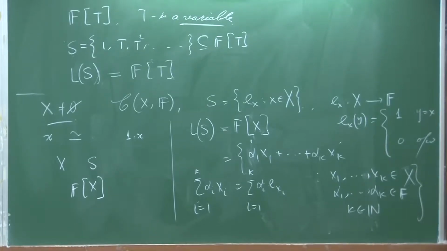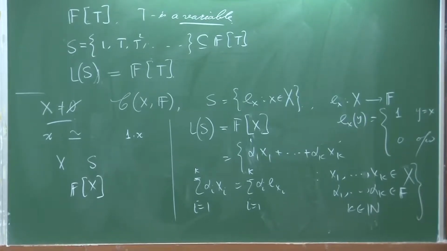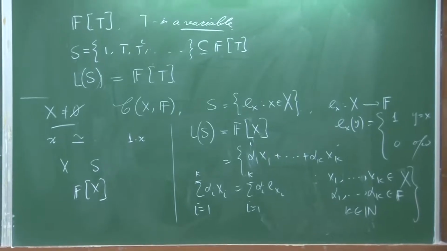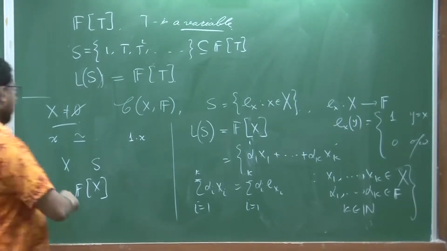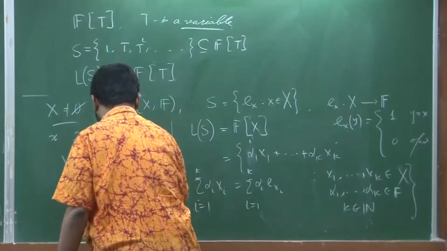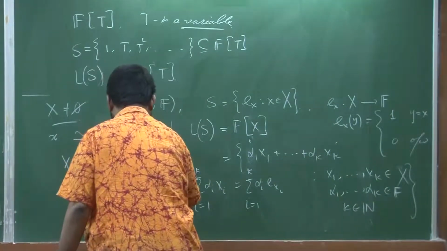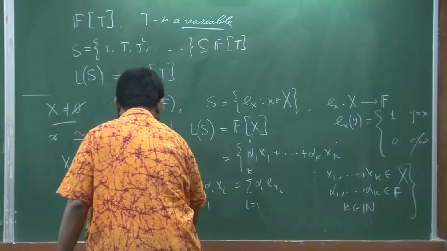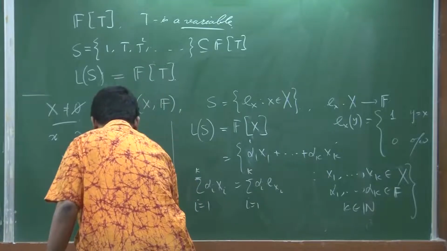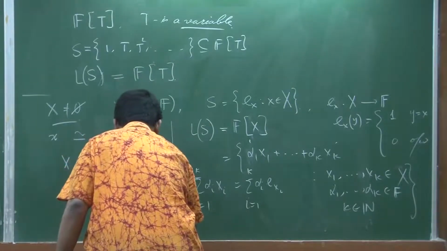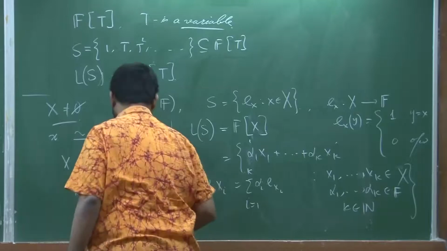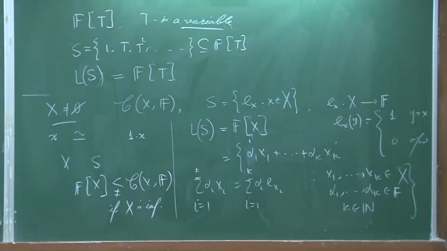So, F(X) cannot be the whole C^X. If X is infinite, then F(X) is always a proper subspace of C^X.